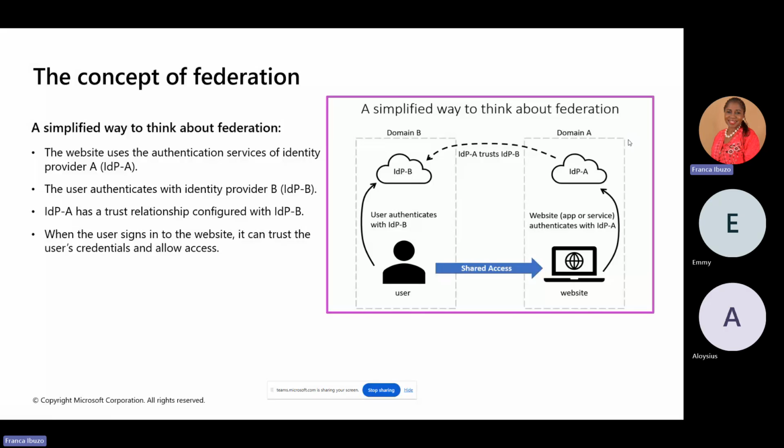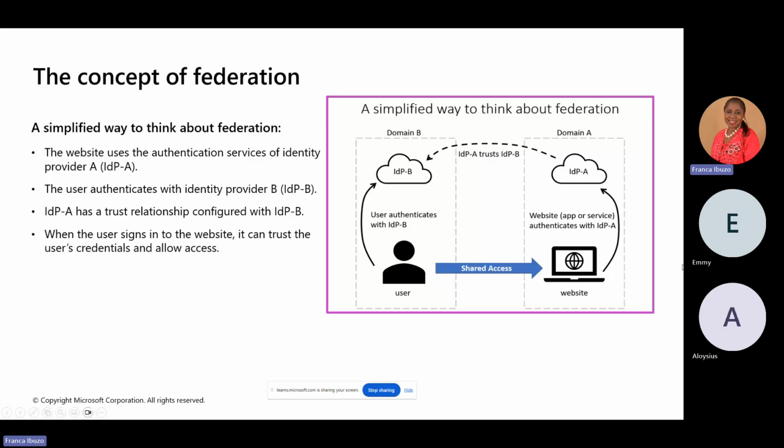So the user authenticates with identity provider B. As you can see in this diagram, IDP A has a trust relationship configured with IDP B. So when the user signs into the website, they can trust the user's credentials and allow access. Do we understand that?